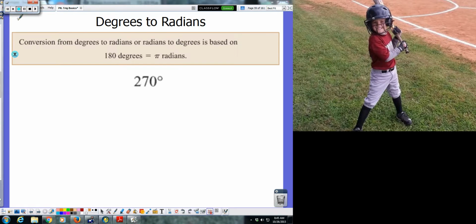Now, there's two ways of working this one. I know that 270 is one of my common angles, right? Your common angles in first quadrant: 30, 45, 60, and 90 degrees.